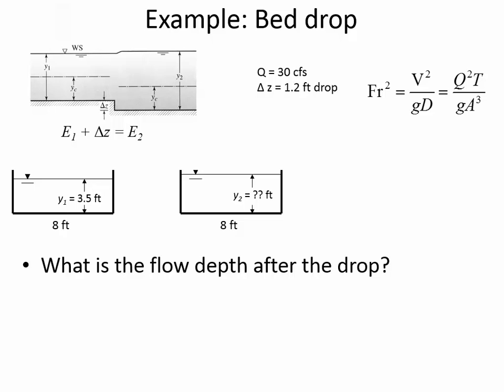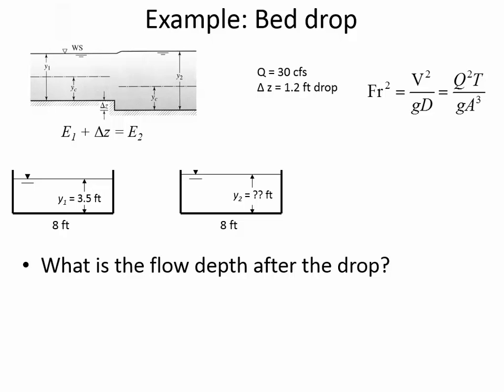All right, so here's our channel, 8 feet wide. The flow rate is 30 cubic feet per second. And at 1, Y1 is 3.5 feet.